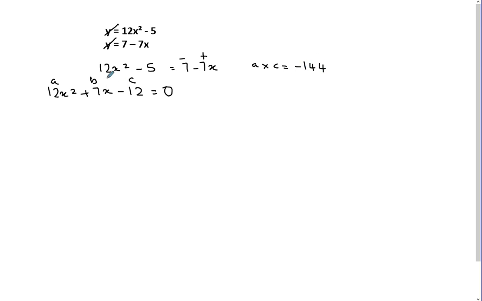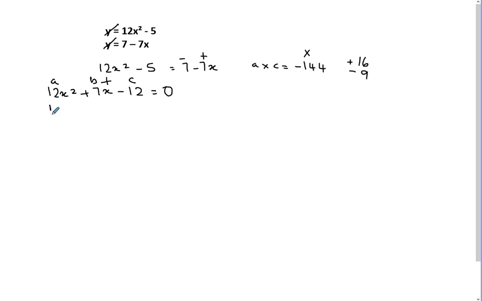So you're looking for two numbers that add to give 7, multiply to give minus 144, so you know one's a positive, one's a negative. Factors of 144 that have a difference of 7, and after a while you'll find that you've seen these numbers before, so it'll just flow.